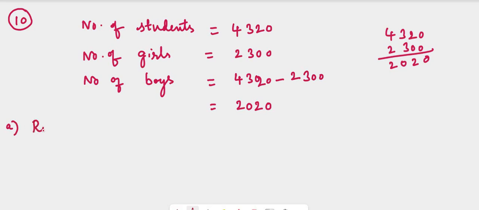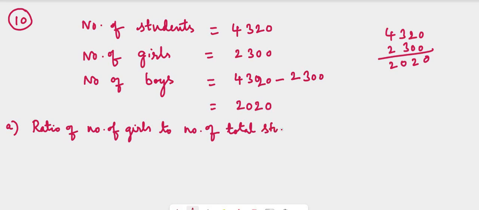Ratio of number of girls to number of total students is equal to number of girls 2,300 is to 4,320.